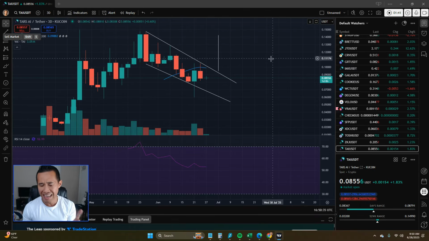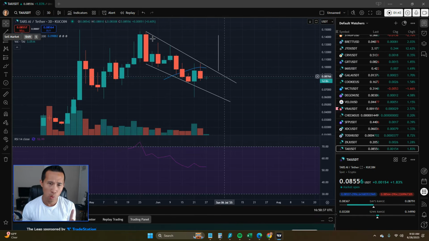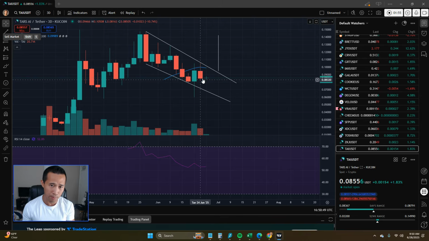And after this downtrend here, what this pattern is usually telling you is that while the pattern is getting tighter and tighter, the bears are running out of strength, because otherwise it would push the price action down parabolically, right?